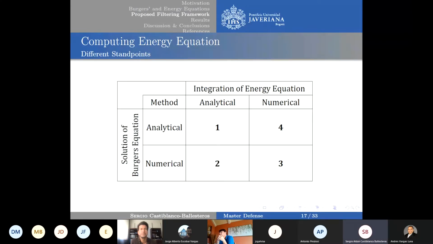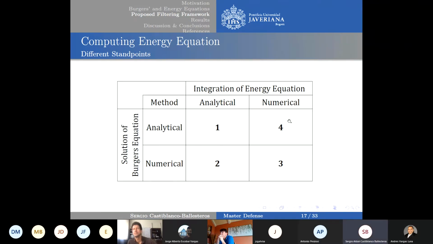Now, from the combination of solving analytically or numerically Burger's equation on one side and the integrals involved in the energy equation on the other side, this table pops up. So we are going to analyze the 4 spots here.